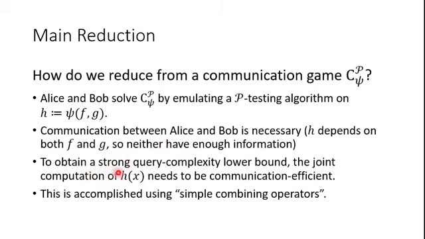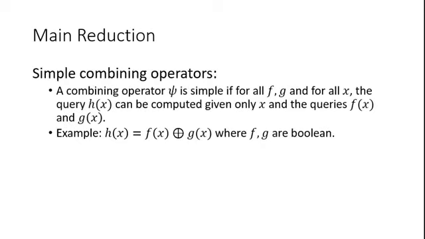In order to obtain a strong query complexity lower bound, we want the joint computation of h to be as communication efficient as possible. This is accomplished using what we call a simple combining operator, which we will now discuss.